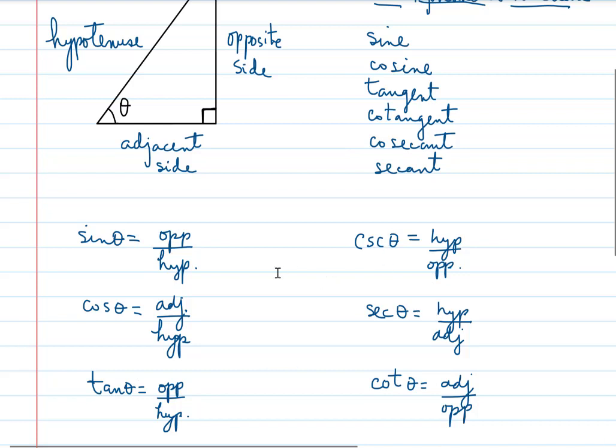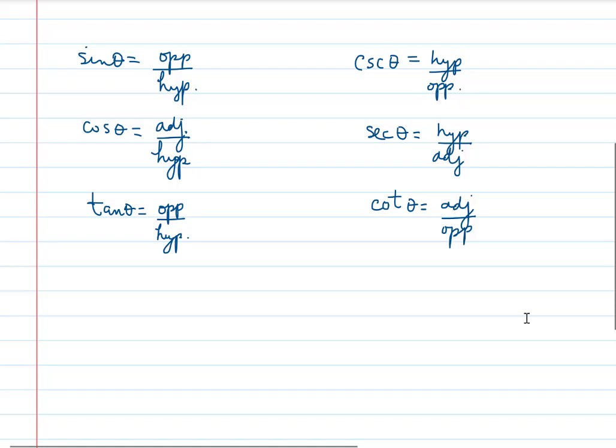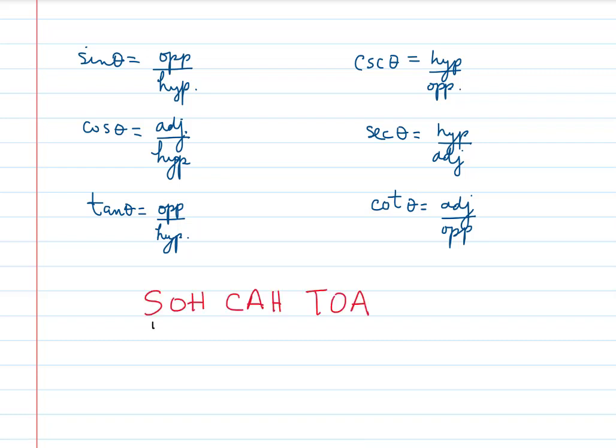Now, if this is your first time seeing these ratios, there's a pretty straightforward, common mnemonic used to help you remember these trigonometric functions. I'm going to write it over here: SOHCAHTOA. It's a little acronym.